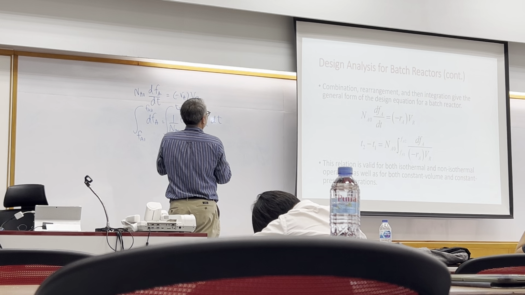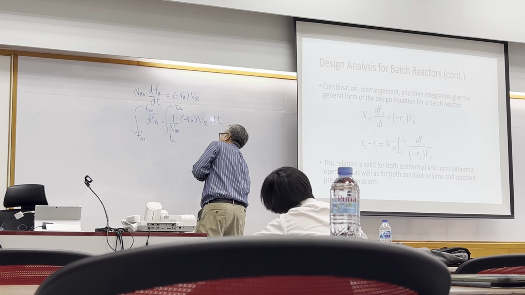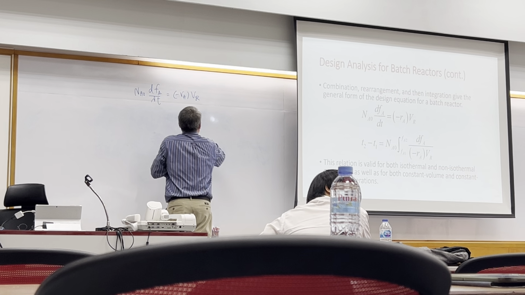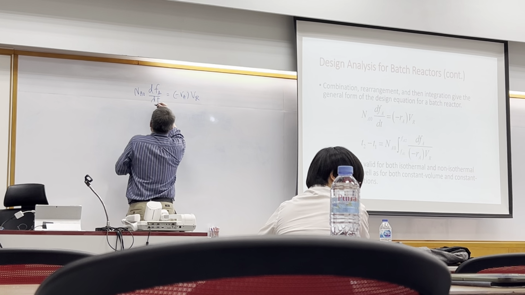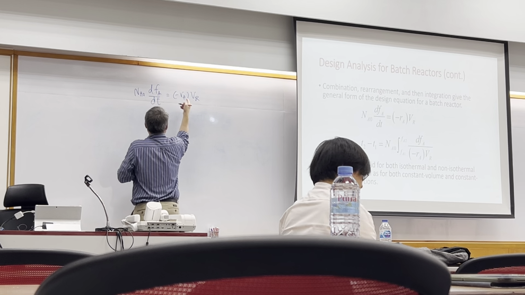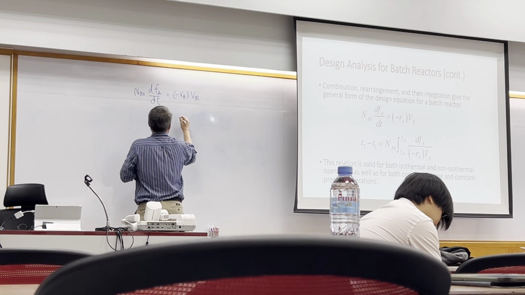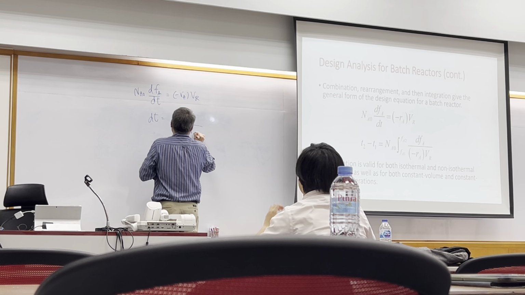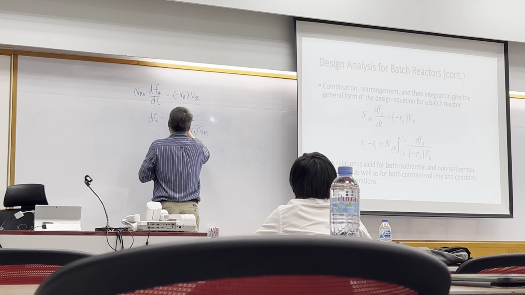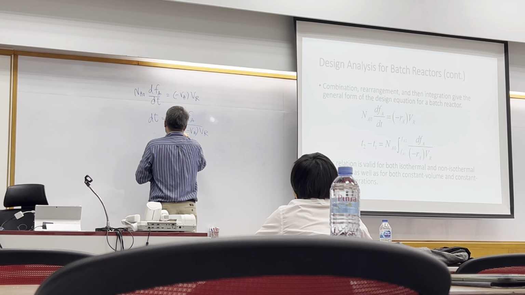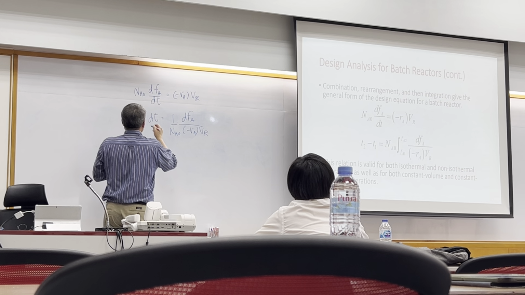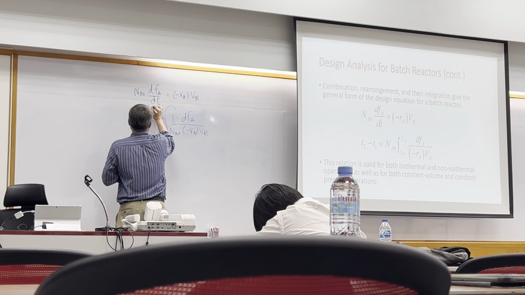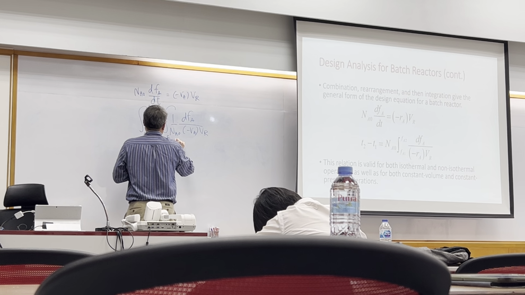Oops, sorry, wrong. Has to be dt. So you move dt to the right hand side and you move everything back: dFA divided by minus RA VR and then 1 over NA0. And this looks more like it. Then integrate on both sides from T1 to T2, from FA1 to FA2.